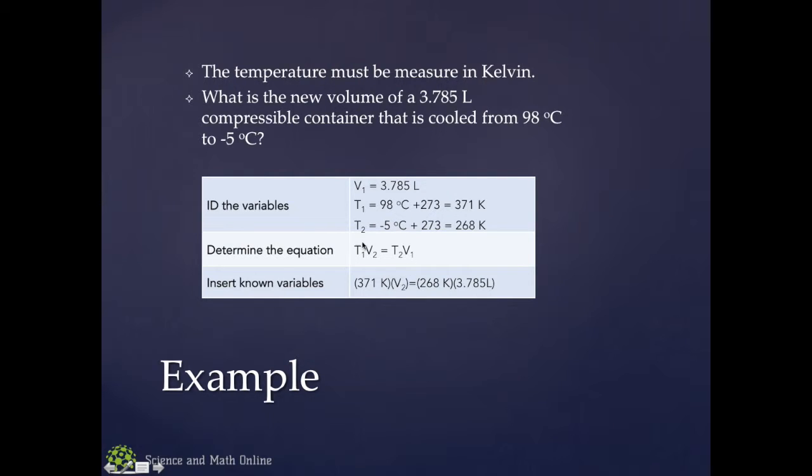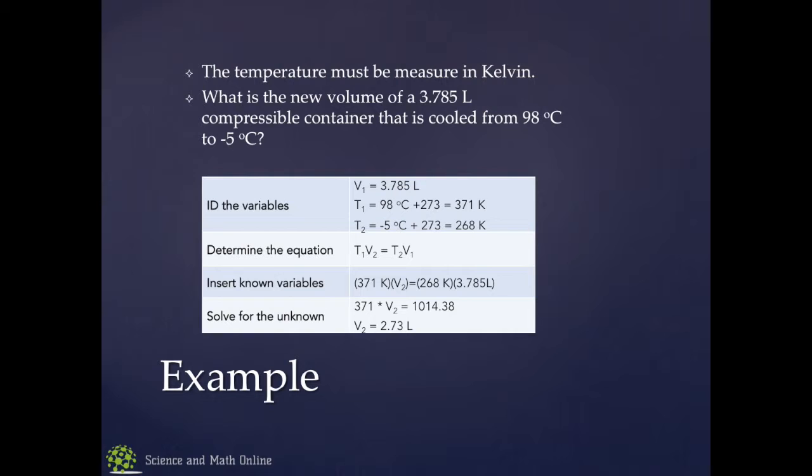And so by writing the equation without any numbers in it first, it'll keep you from putting things in the wrong spots. And that's why I like to do it that way, because I want to make sure and alleviate as many mistakes as possible. Because I make careless mistakes when I go too fast. And so this slows me down and keeps me from making careless mistakes. So then simply solve for your variable, and we get that the volume is 2.73 liters. That we lose almost 25% of the volume by changing the temperature.